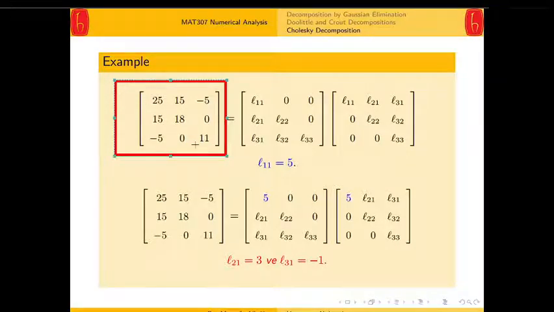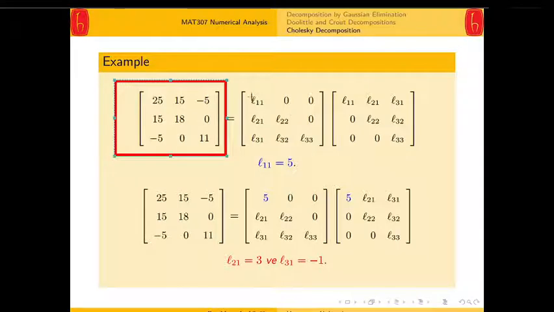It is symmetric, and we can easily check that: 15 is here and there, so this is the mirror reflection across the diagonal. It is also positive definite, but we are not here to check that. We just find the Cholesky decomposition and believe it is positive definite.